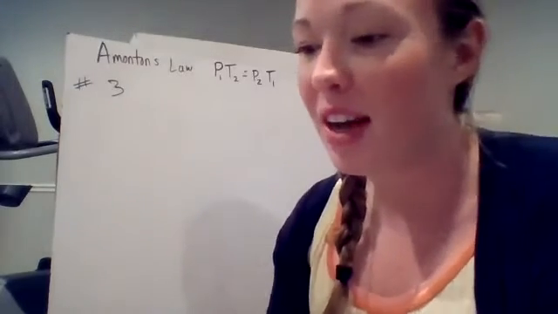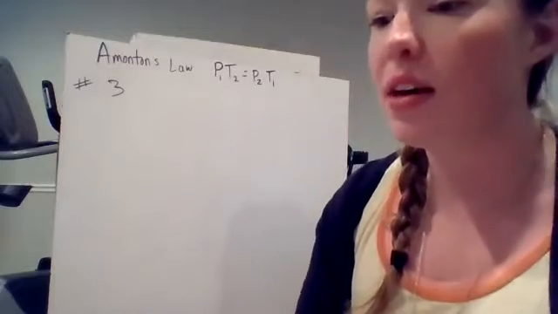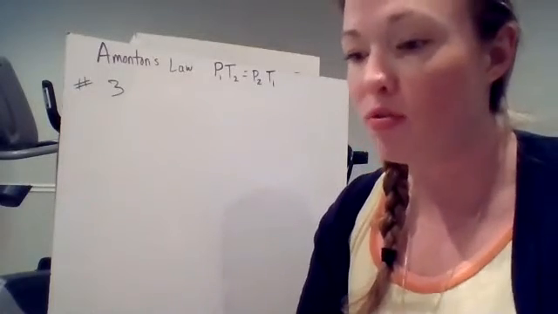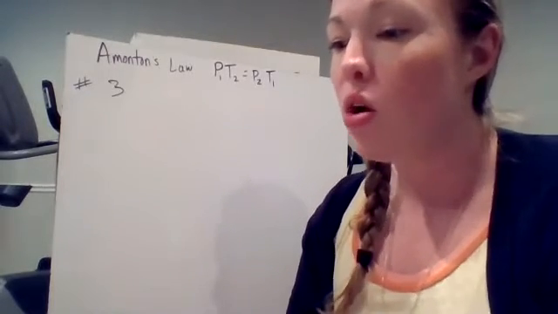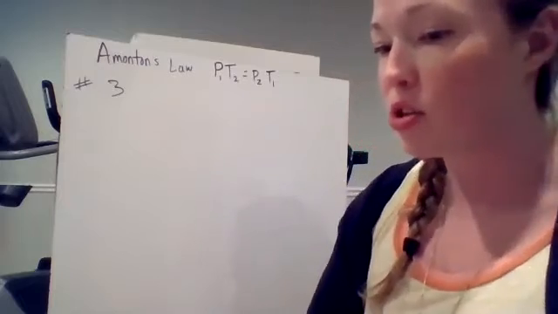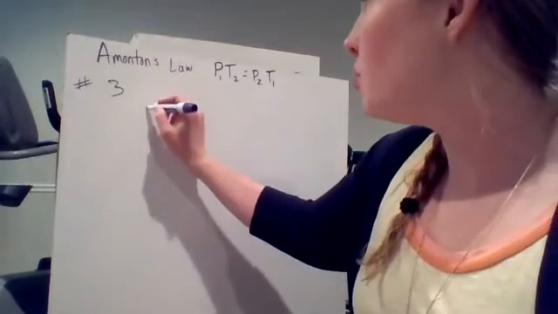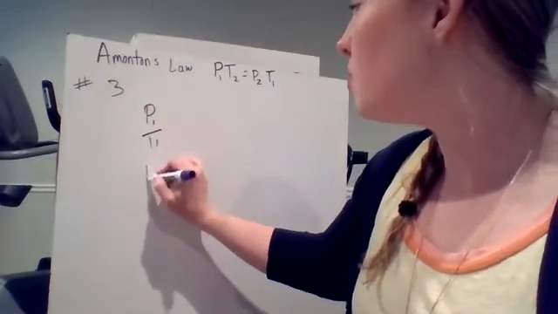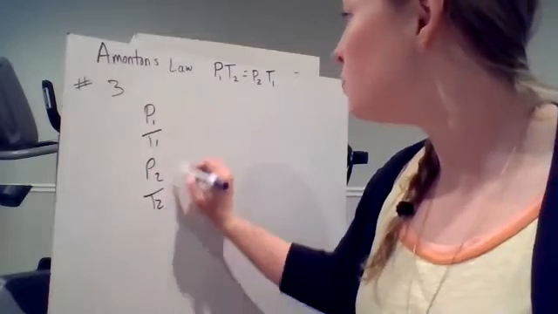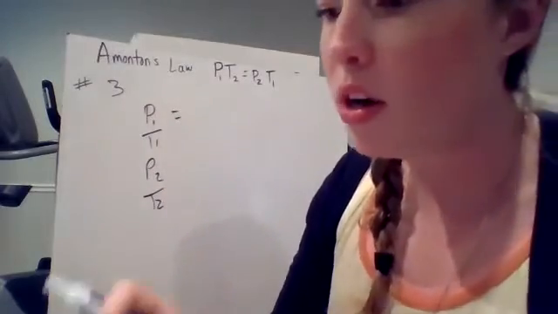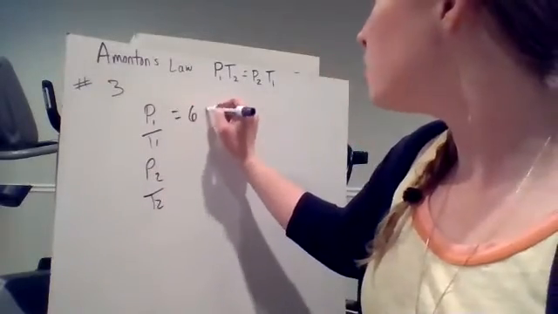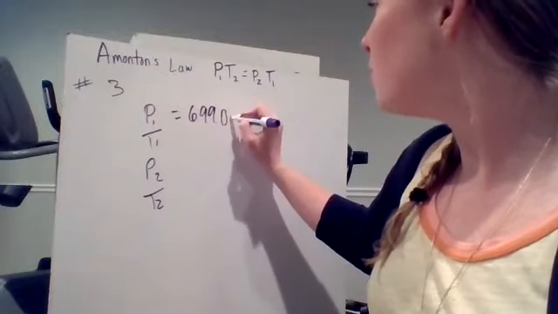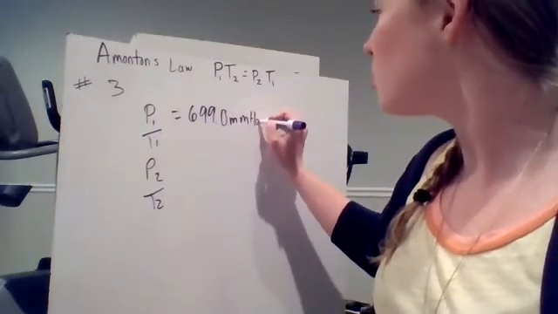So if you look at number 3, a gas has a pressure of 699.0 millimeters of mercury at 40 degrees Celsius. What is the temperature at standard pressure? So let's identify our variables: P1, T1, P2, T2. Our initial pressure, 699.0 millimeters mercury.